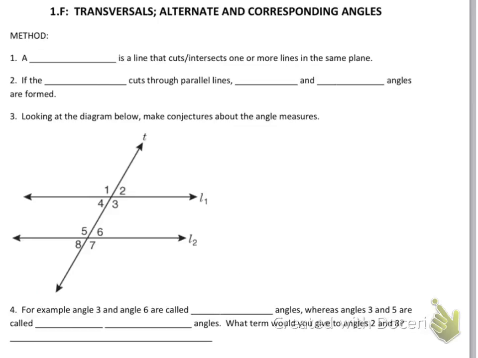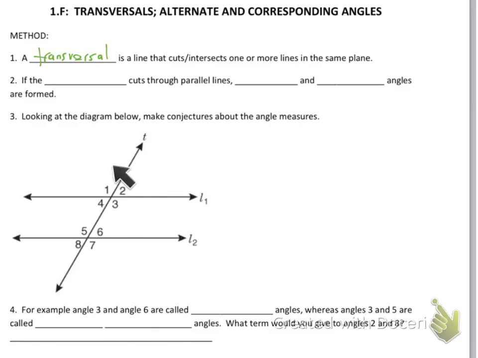Next is transversals, alternate and corresponding angles. A transversal is a line that cuts or intersects one or more lines in the same plane. It's in the name, guys. Transversal. So a transversal is something that cuts. So on here, line T is a transversal.